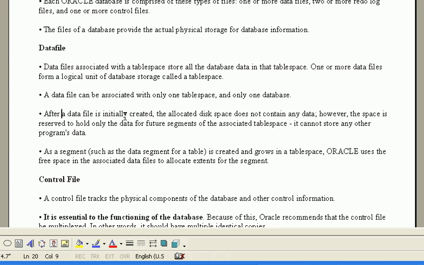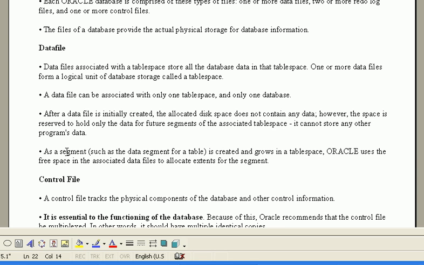After a data file is initially created, the allocated disk space does not contain any data. However, the space is reserved to hold only the data for future segments of the associated table space. It cannot store any other program's data.